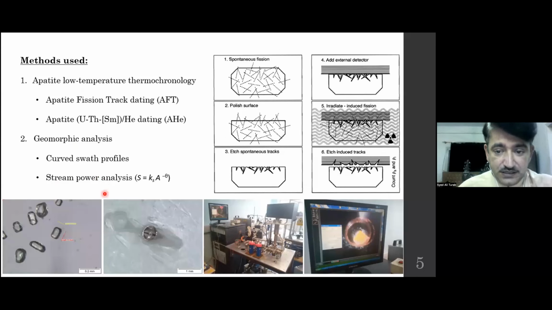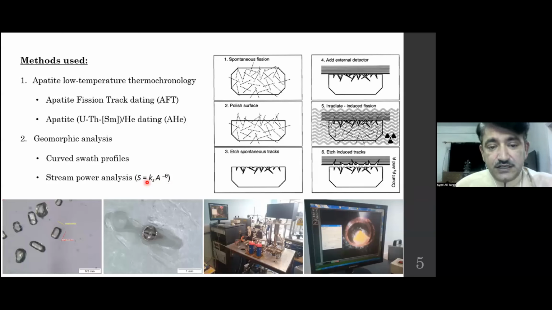For the stream power analysis, we study channel characteristics in comparison to the geomorphic steady state, where channel slope S and drainage area A are related by a power law function. S is equal to Ks times A to the power minus theta, where Ks and theta are the steepness and concavity indices respectively.